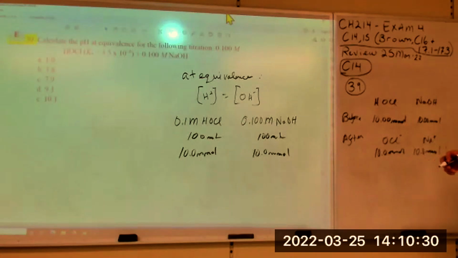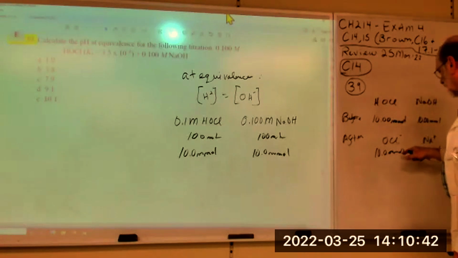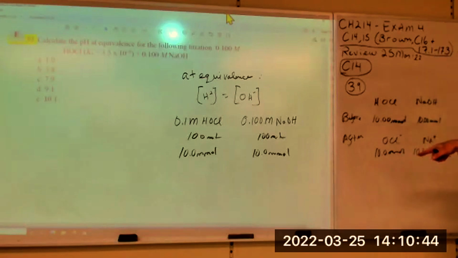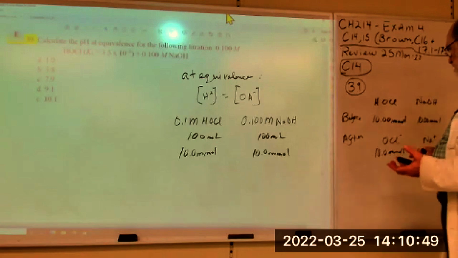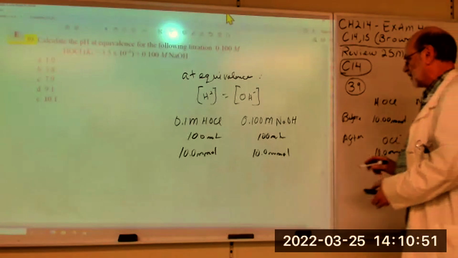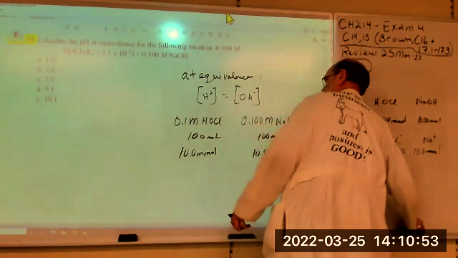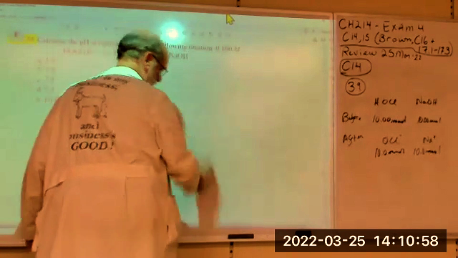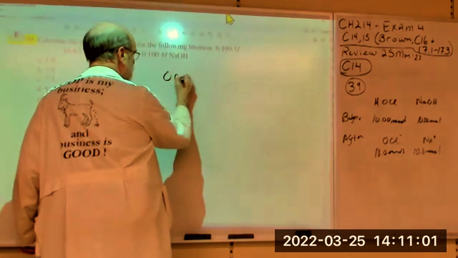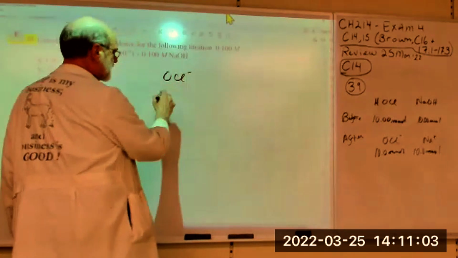So now we're going to have an equilibrium. We know we've got this much of that one and this much of this one, because the hydrogen and the hydroxyl are now water. So sodium's not going to react with anything. The dominant species in water, now we're starting with OCl minus, which is 10 millimolar.